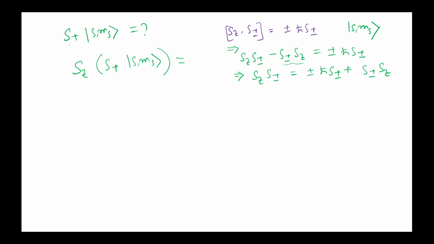Okay, so let's generalize these things. How will this S plus minus act on this |s, ms>? So in a single go we'll get the equation.